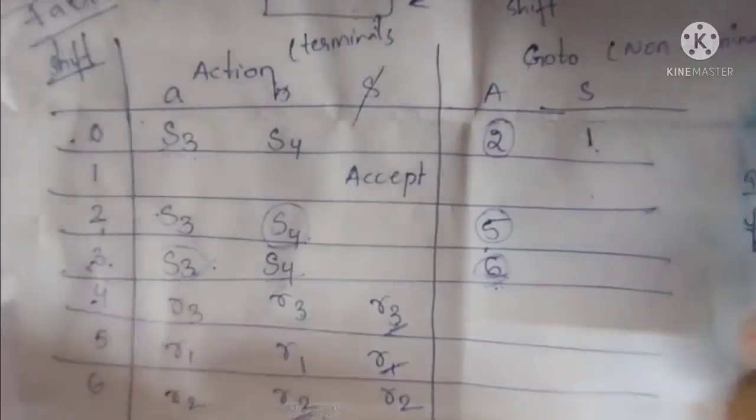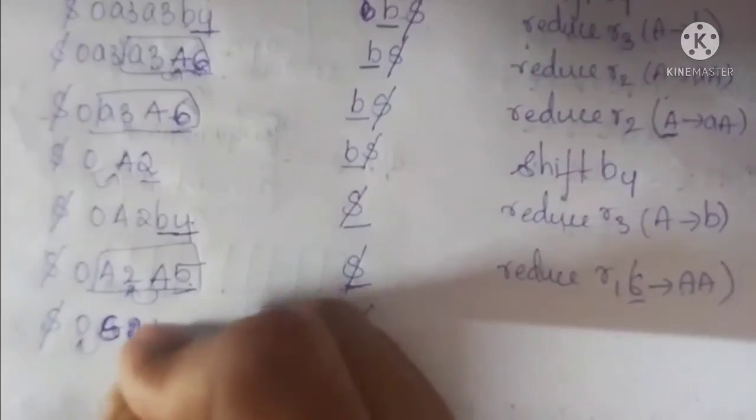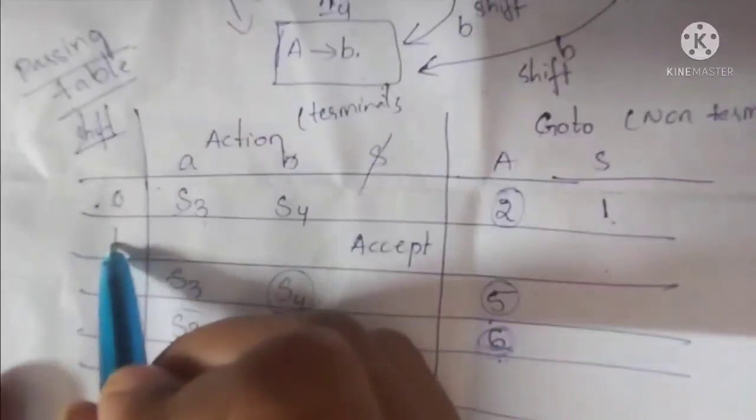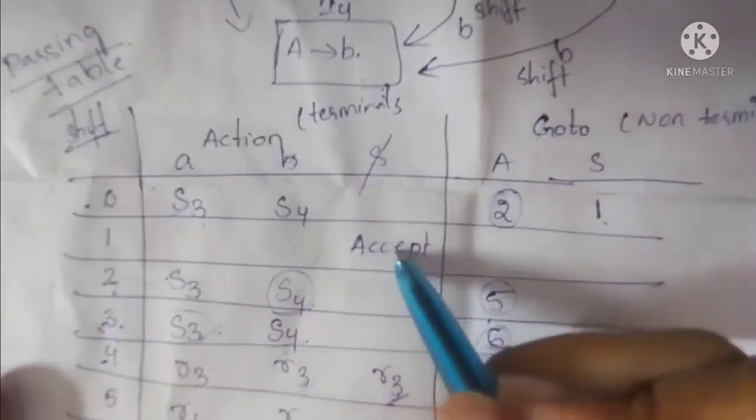Okay, write here 1. Now check the I1 state to dollar, where it is going: we have to accept the string. So write here accept.